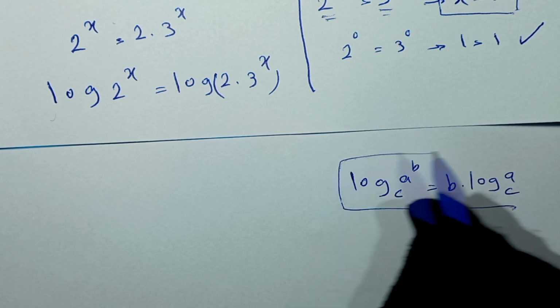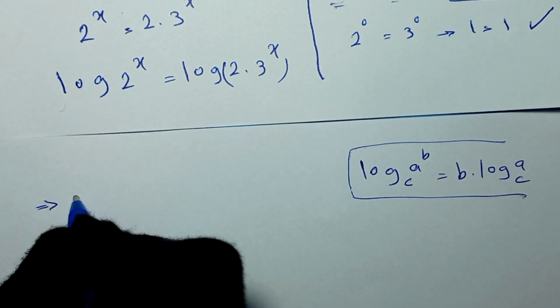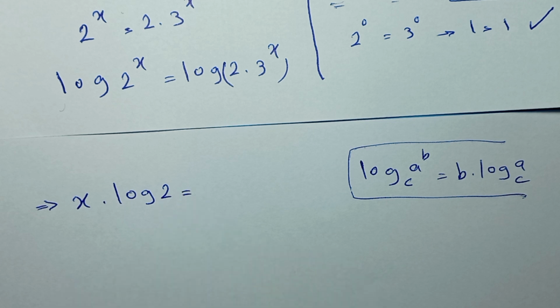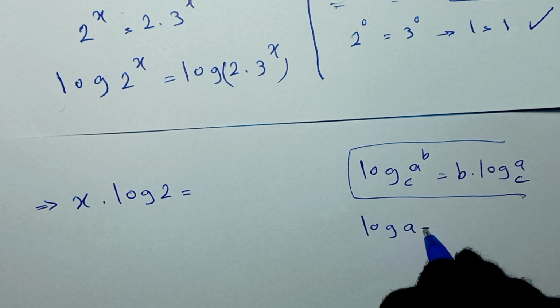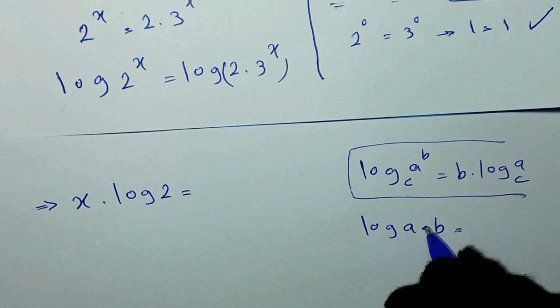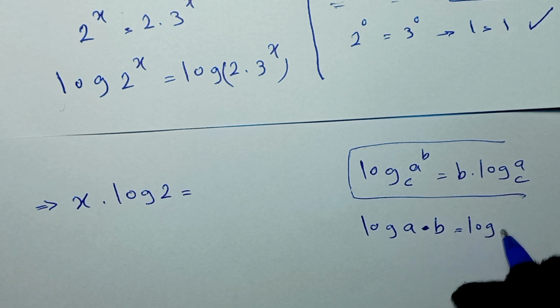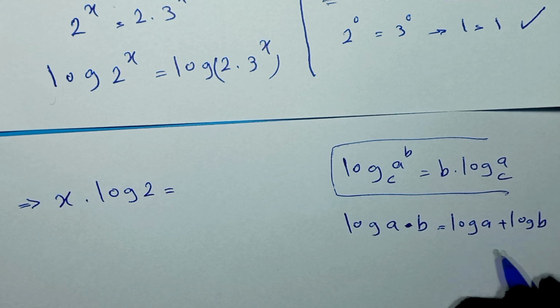So in here it will be x times log of 2 is equal to, in here if we have log of a times b, we can write this as log of a plus log of b.